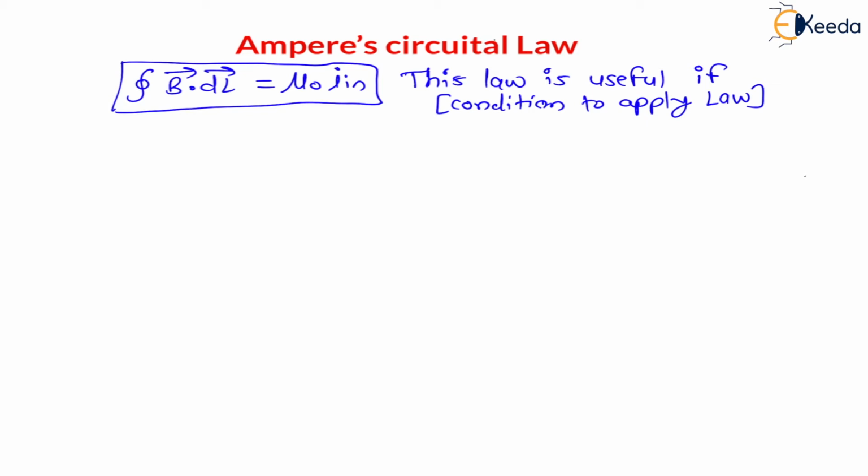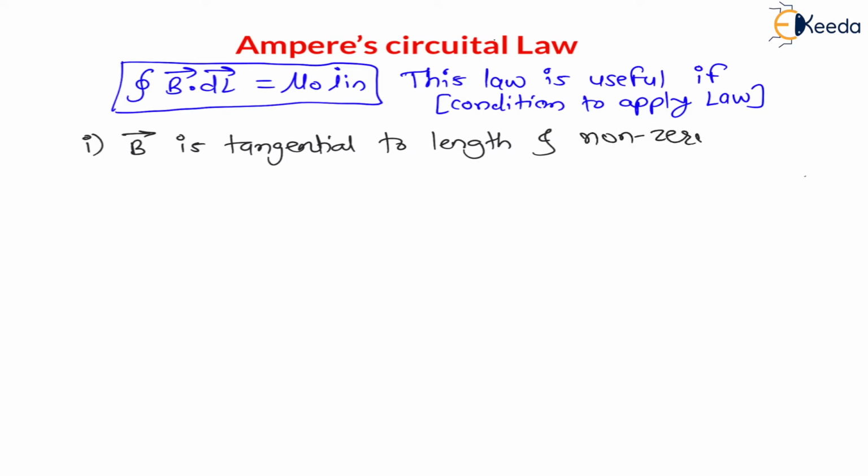Now there are 4 conditions. Understand, the first condition is that the magnetic field is tangential to the length, and the magnetic field B is non-zero and constant.